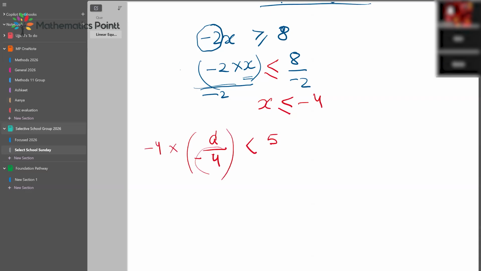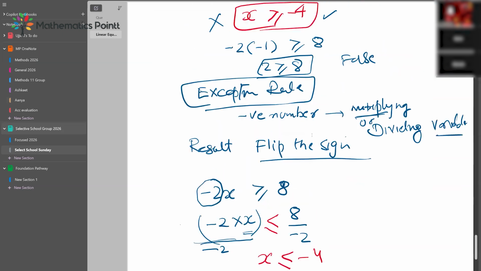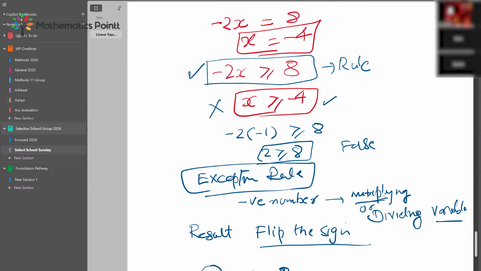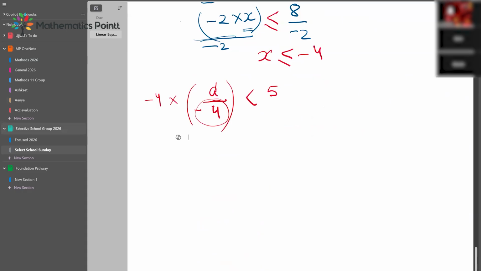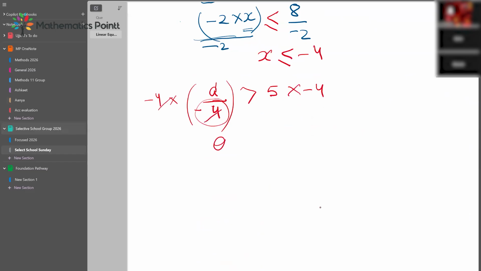Now this -4 is dividing. So the rule, if I scroll up, was division or multiplication needs to flip. And I flip the sign. So finally, d is greater than -20. Is this clear?